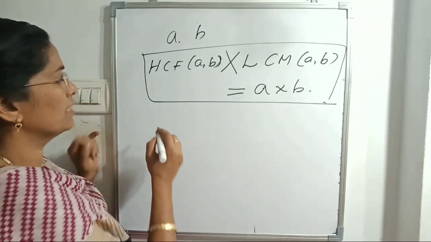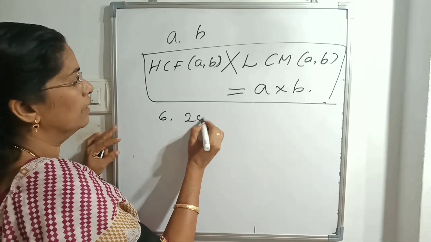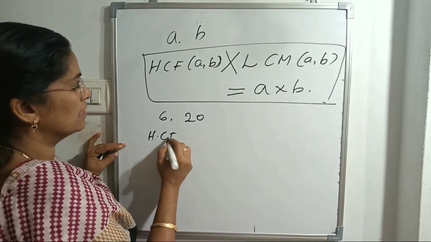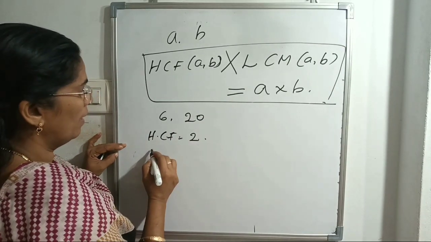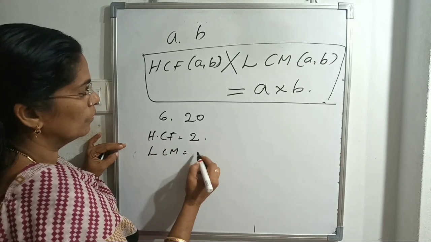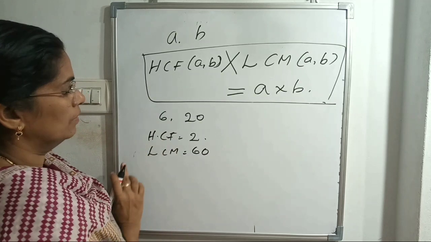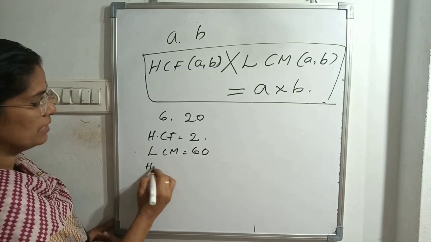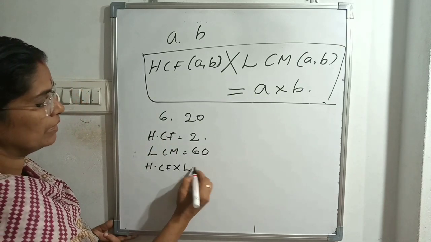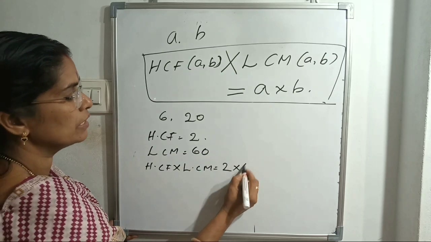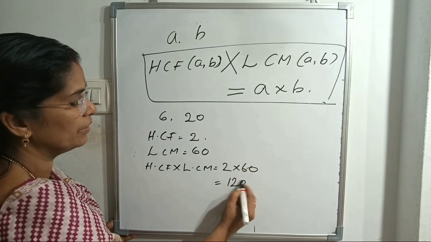Clear? So we can check whether this is correct or not. We can take our first example, 6 and 20. We learned HCF is equal to 2 and LCM is equal to 60. Then the product of HCF into LCM, 2 into 60, answer is 120.